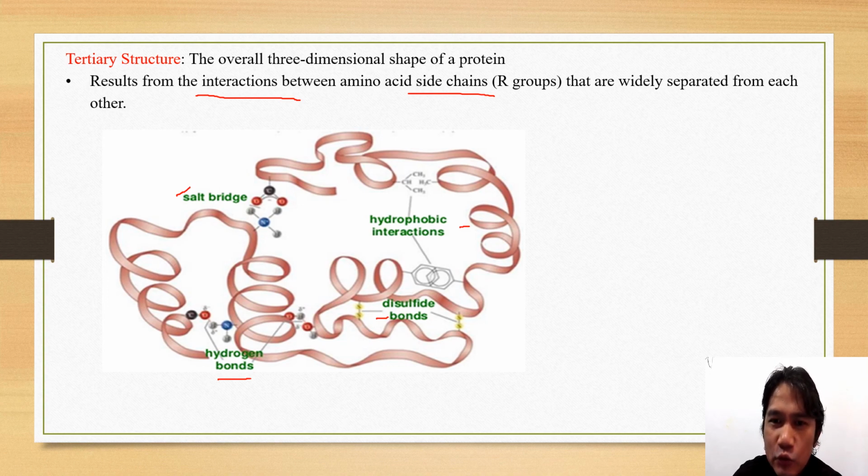Remember that in the past we have learned the classification of amino acids based on the side chain. If you would recall, what is the classification of amino acids based on R group?